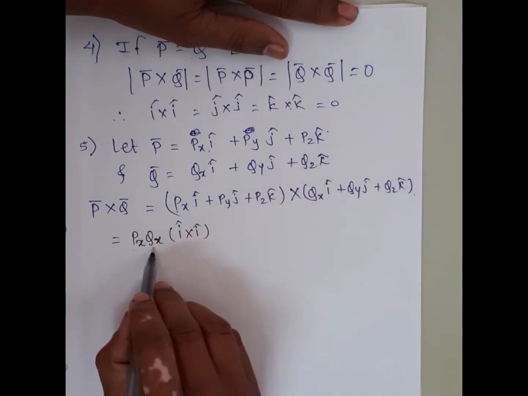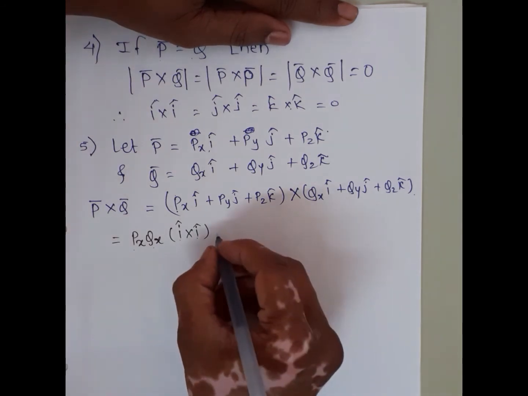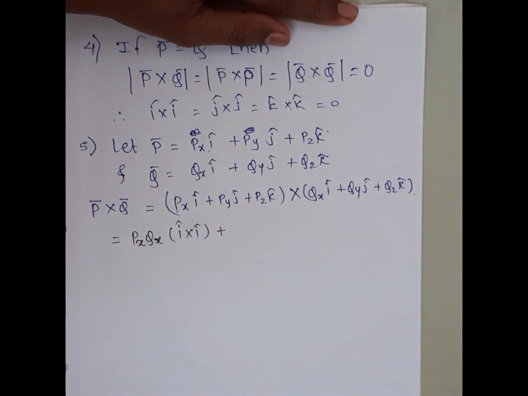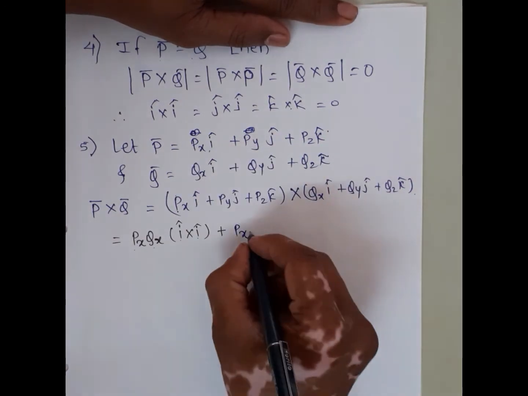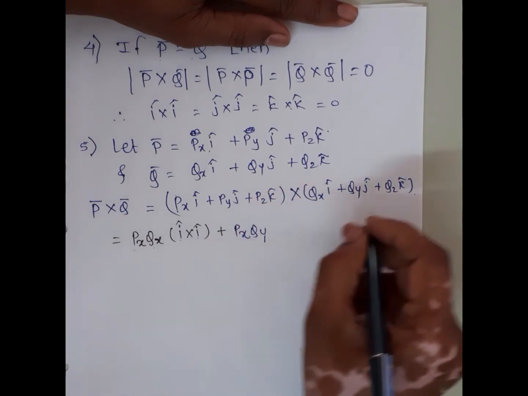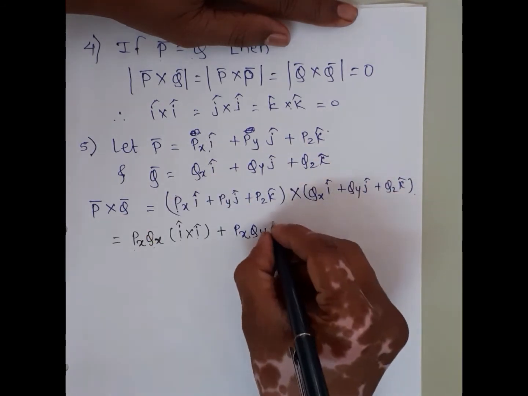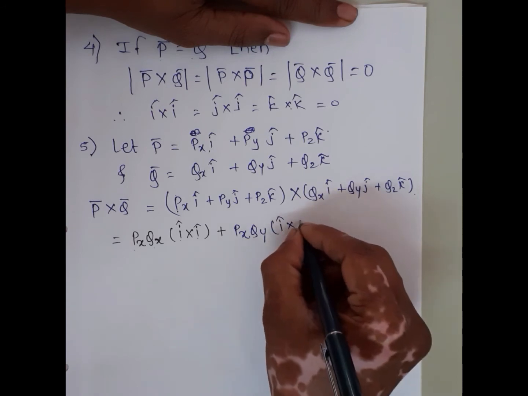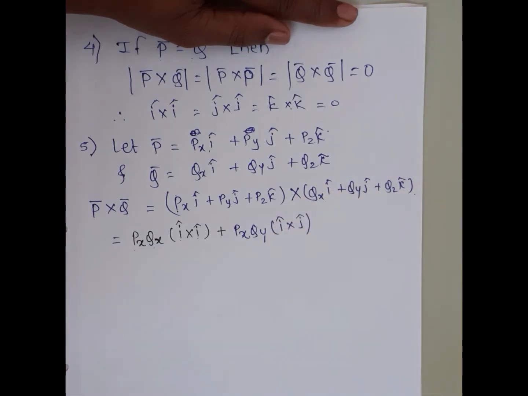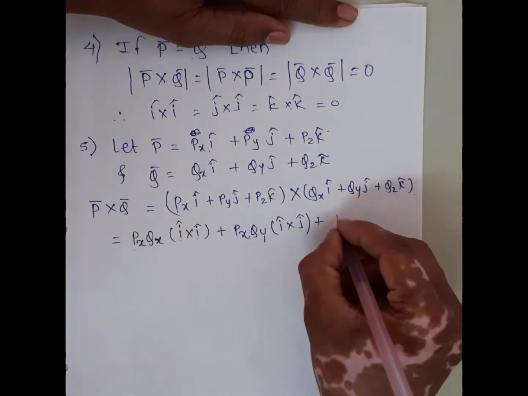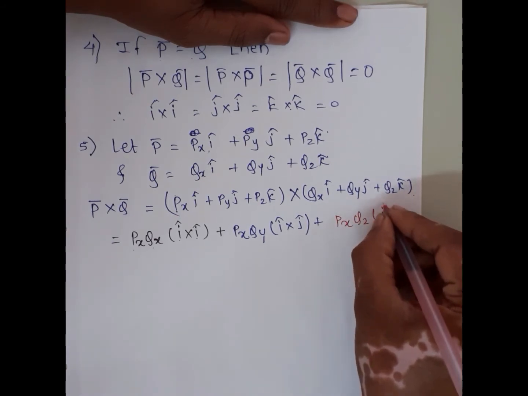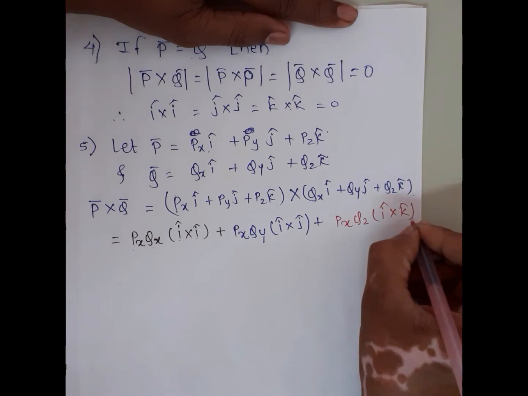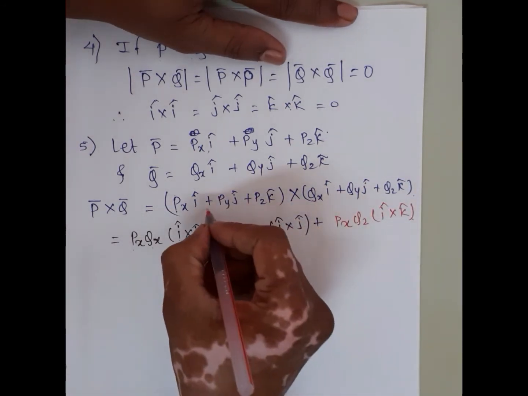So here Px Qx i cap cross i cap, plus Px Qy i cap cross j cap, and lastly Px Qz i cap cross k cap. This is the first. Then write a plus.